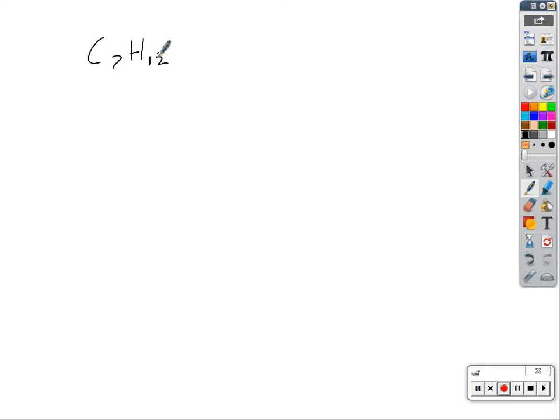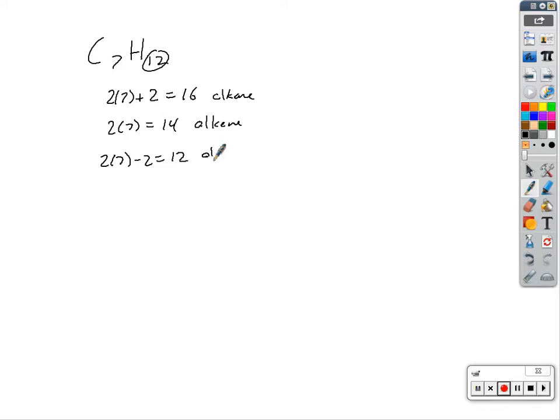What you have to do is figure out what pattern that 12 fits into. 2n plus 2, 2 times 7 is 14, plus 2 is 16, would be the alkane. 2 times 7, or 14 in this case, would be the alkene. 2 times 7 minus 2, or 12, would be an alkyne. That formula is for an alkyne.